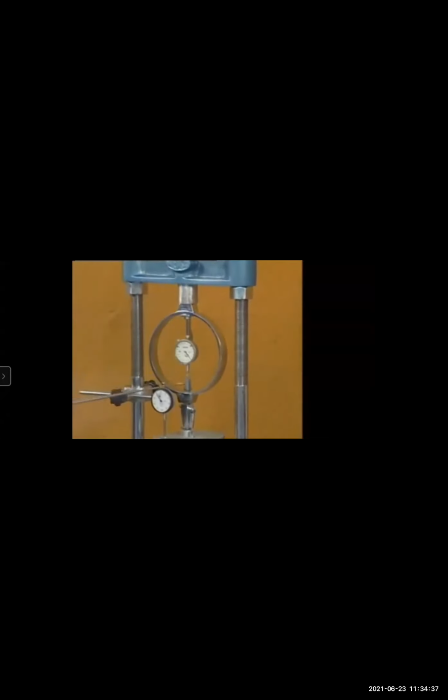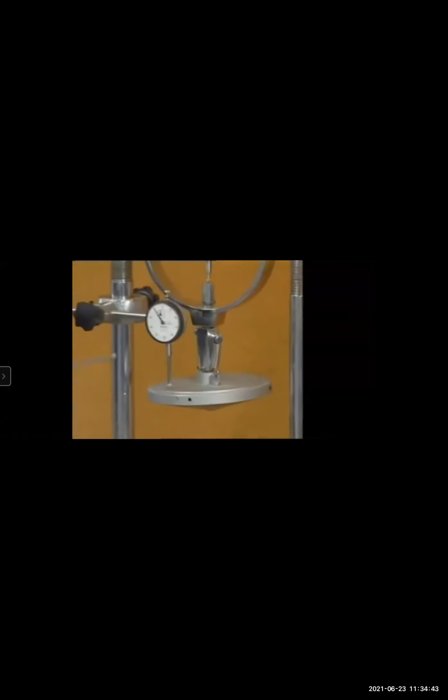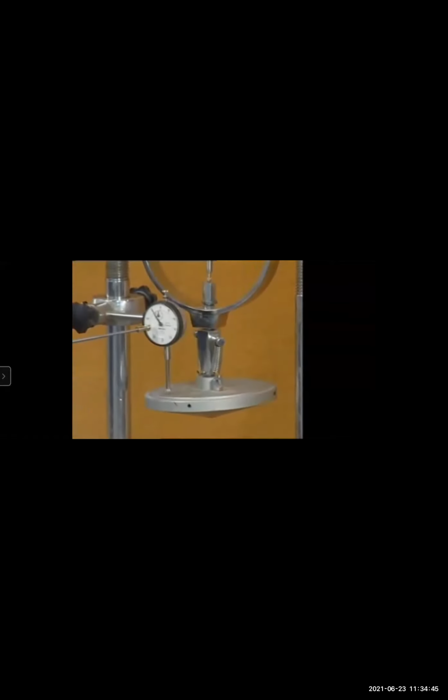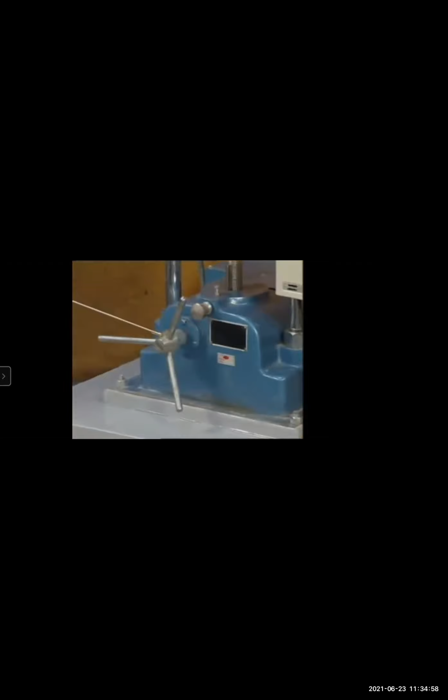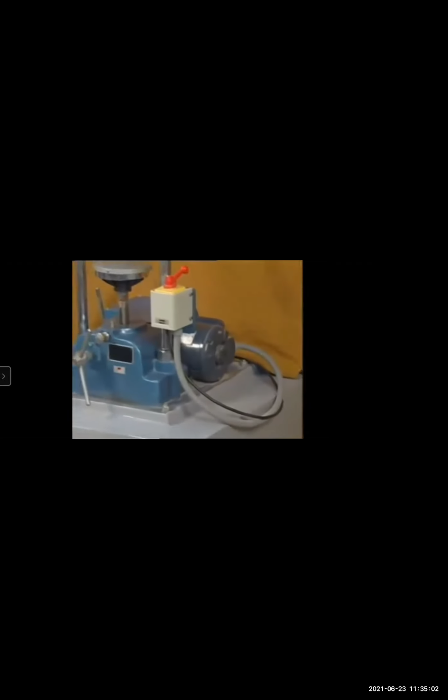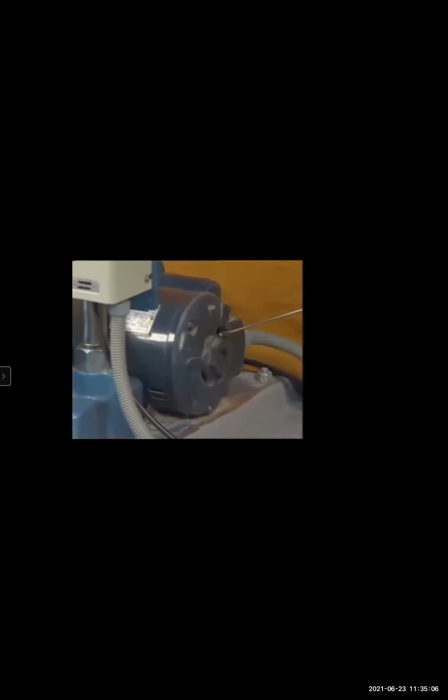See the consolidation test apparatus. This is the proving ring. This is the dial gauge, a straight measurement dial gauge. Least count is 0.01 mm. This is the two bearing plate. This is the hand clutch. This is the motor and switch to start the machine.